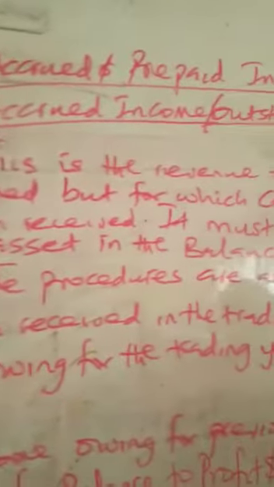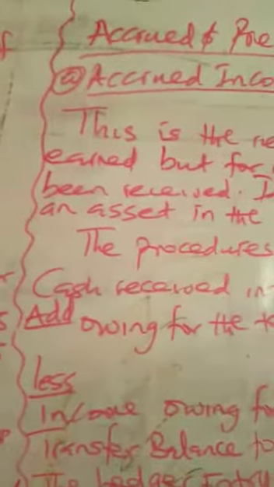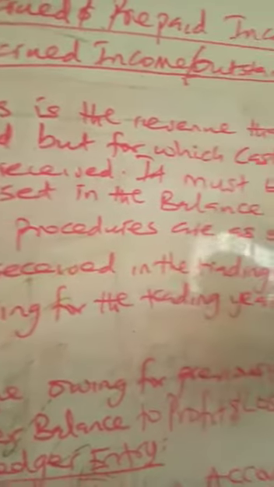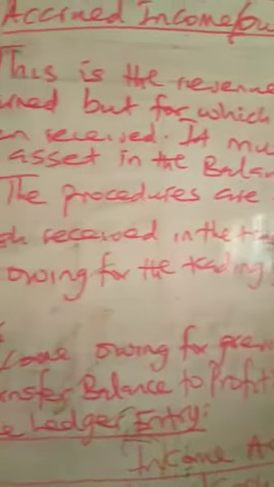Number 7, which is accrued and prepaid income. So what do we mean by accrued income? This is the revenue that has been earned but for which cash has not yet been received. For example, if you are a landlord and your tenants have spent that month in your house but they have not paid for it. We are now in August.